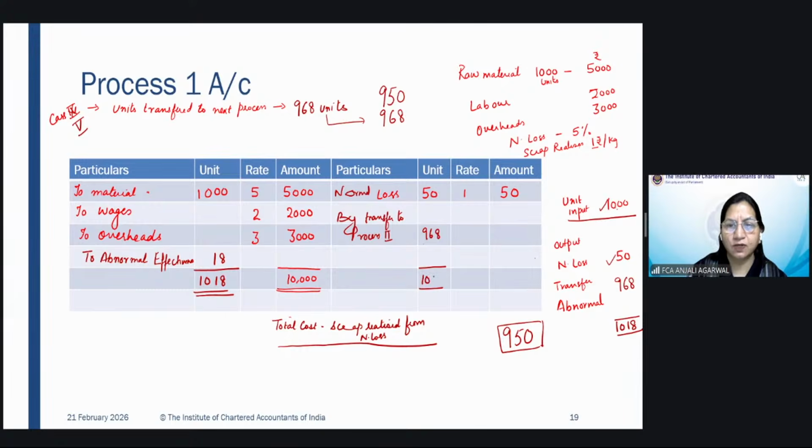So just don't take the total of the units, okay? And you will find out the balancing figure as either abnormal gain or abnormal loss. So if the input is more, output is less, then there is an abnormal loss. But if the output is more, 1018, and input is 1,000, there is an abnormal gain or abnormal effectiveness. But your formula remains same. Total cost minus scrap realized from normal loss, divide by total units minus normal loss units.